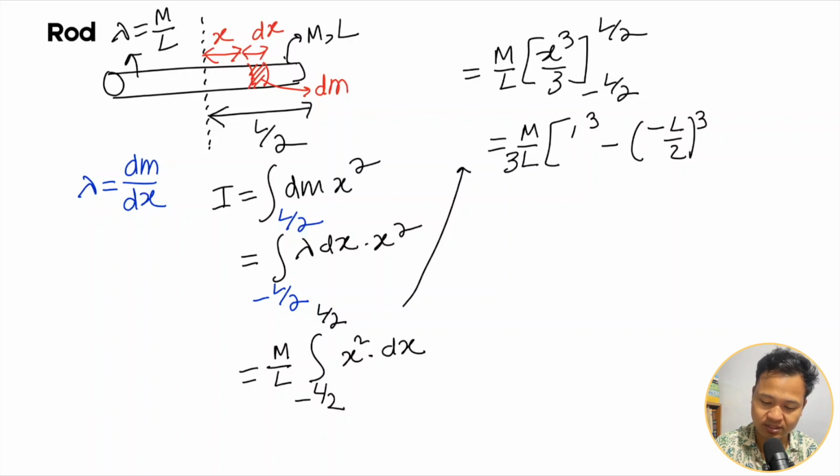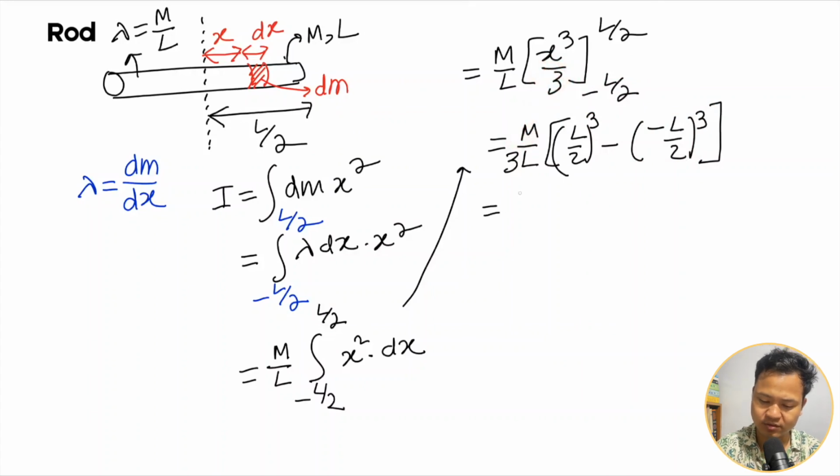If you are confused, when x is L by 2 we have L by 2 cube, and when x is minus L by 2 we have minus L by 2 cube.